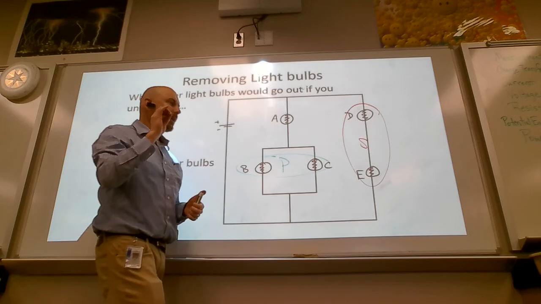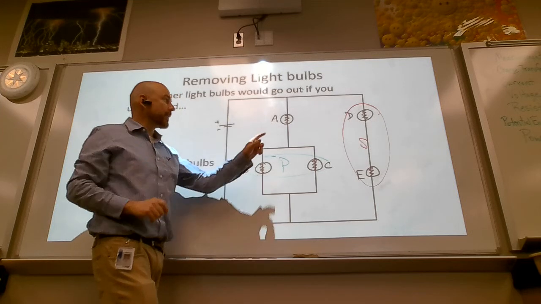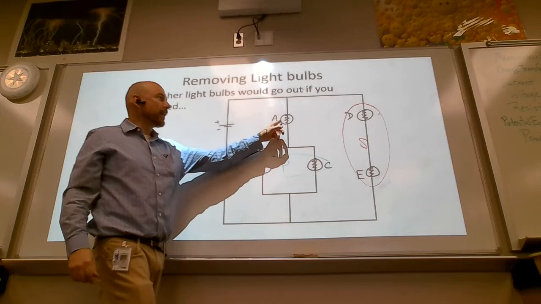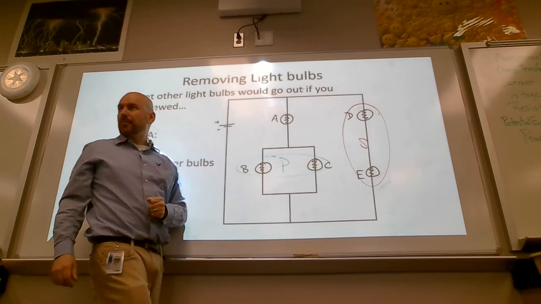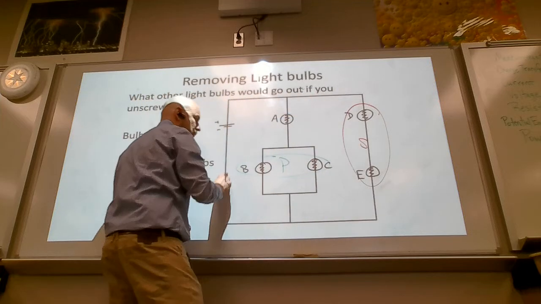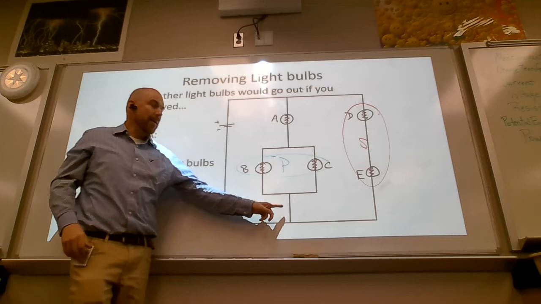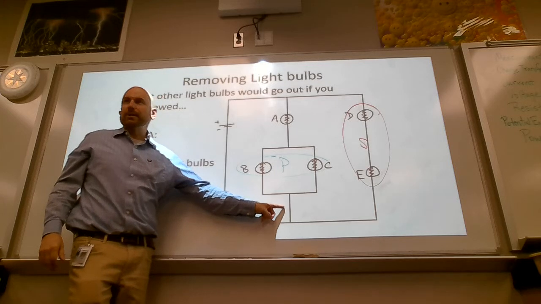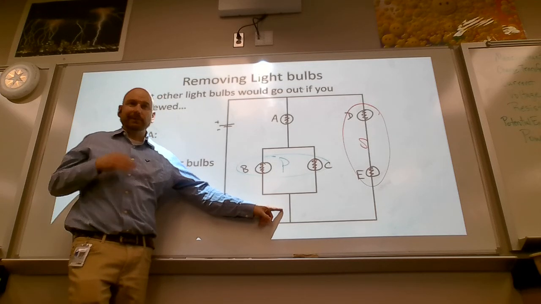Okay. Here are two popular errors. Okay. I did this in high school. I thought if I pulled out A, B and C stayed on. Like, look. I had current going two different directions in one wire. Okay.